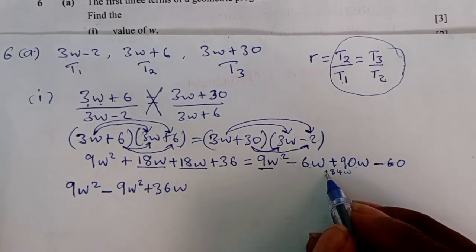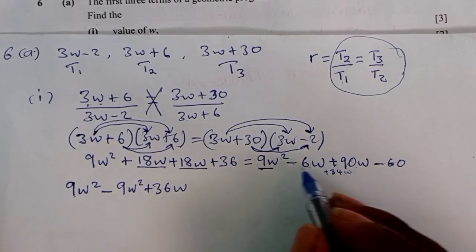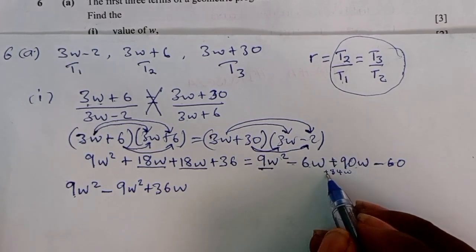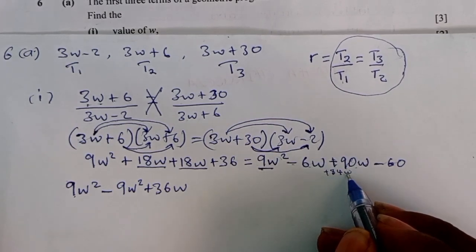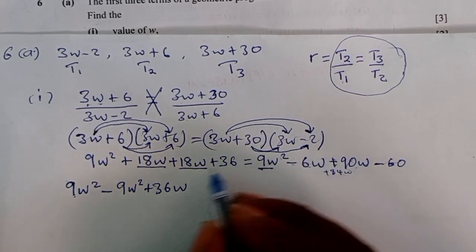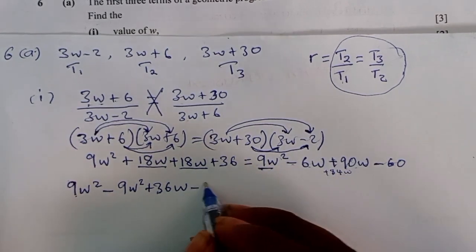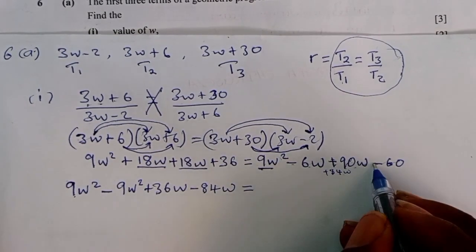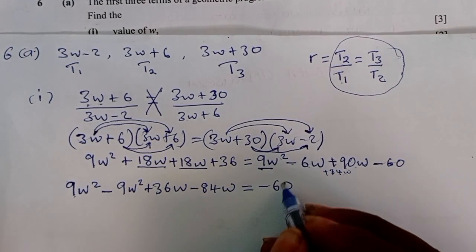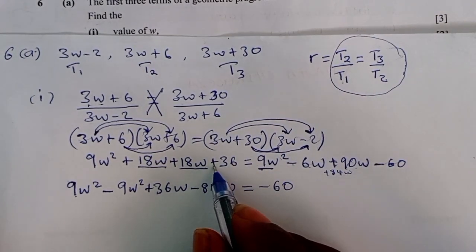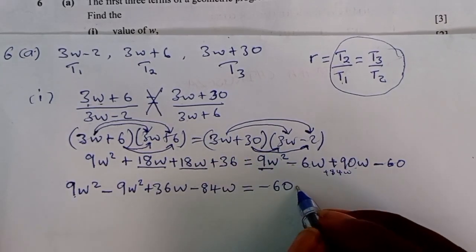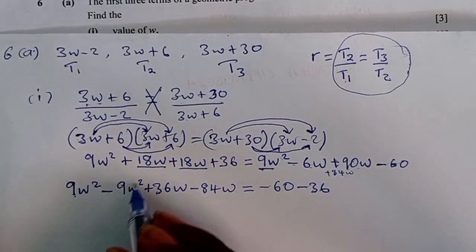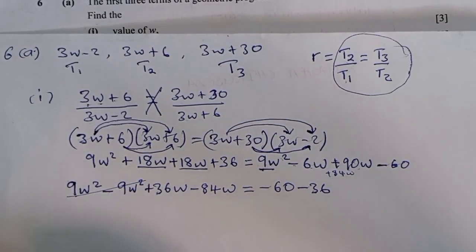Where is it coming from? Negative 6w plus 90w, we are going to have positive 84w. It was positive. When it comes this side, it will be negative 84w equals, this is negative 60. This is positive 36. When it goes this side, it will be negative 36. So 9w squared minus 9w squared, it is 0.